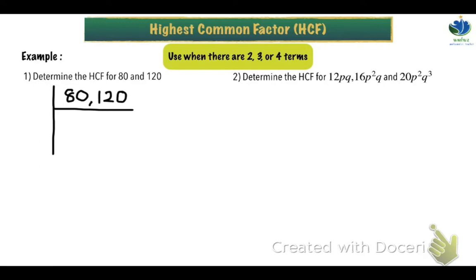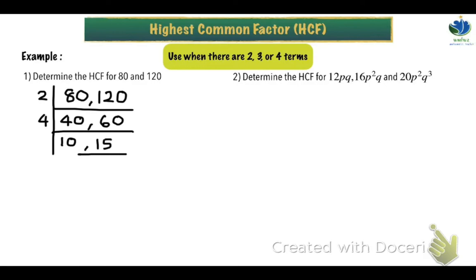We start with the smallest number that can be divided. Here 80 divided by 2, 40. 120 divided by 2, 60. Next, I choose to divide by 4. 40 divided by 4, 10. 60 divided by 4, 15.